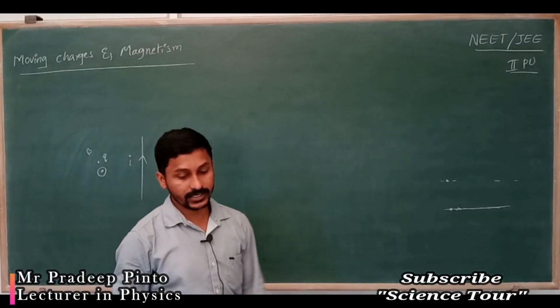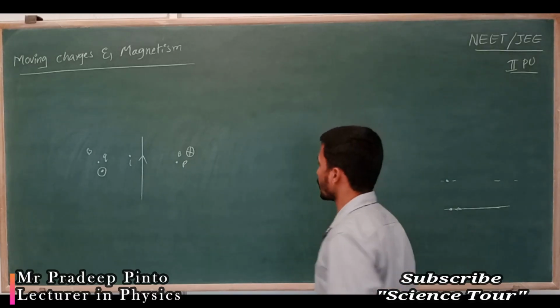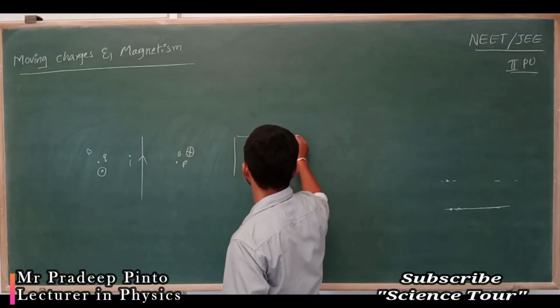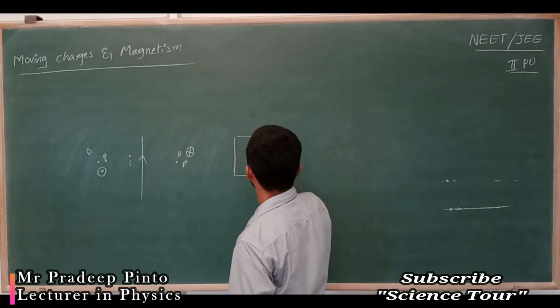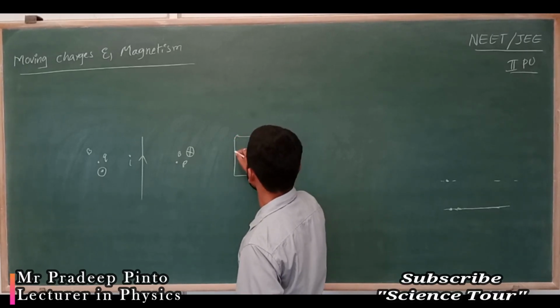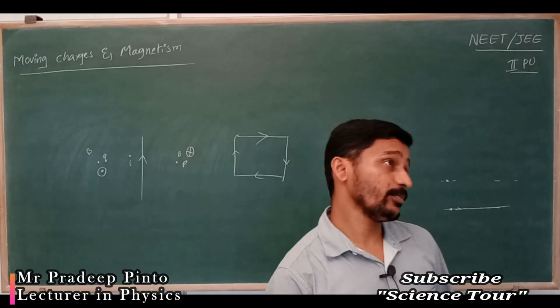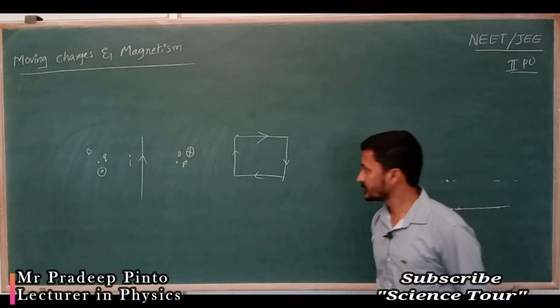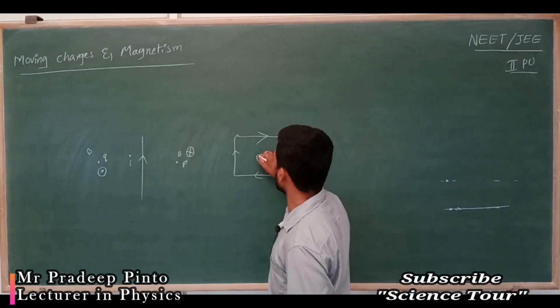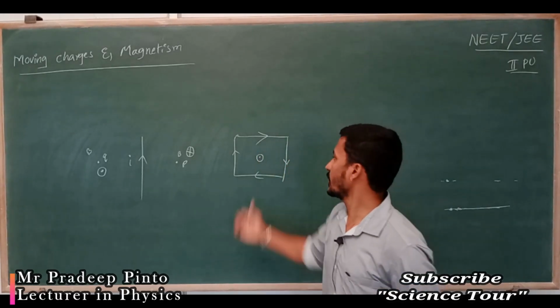And next, suppose the current is moving in a rectangular loop in the clockwise direction. That means the field is into the board, and again we can visualize it this way.